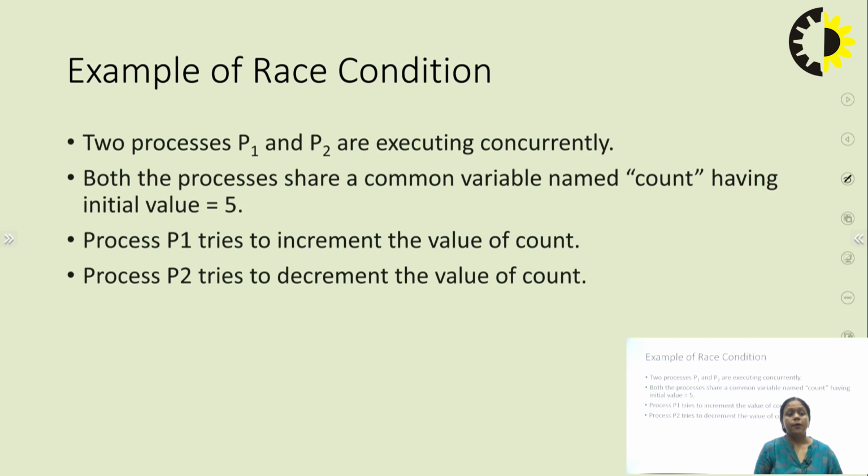Process P1 tries to increment the value of the count, but process P2 tries to decrement the value of count. Now the value will be different. When process P1 executes, the count value will increase, and when process P2 executes, the count value will decrease.